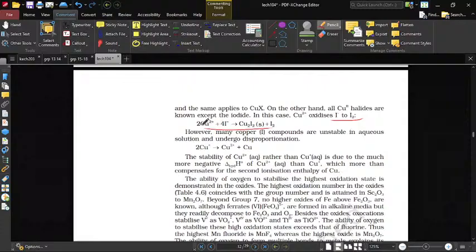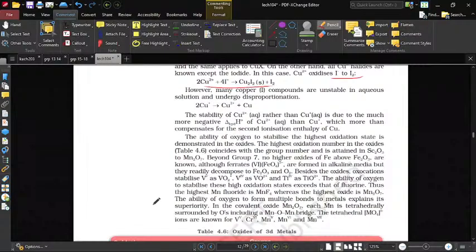However, many copper compounds are unstable in aqueous solution and undergo disproportionation: Cu plus goes to Cu2 plus and Cu zero. The stability of Cu2 plus rather than Cu plus is due to the much more negative delta H hydration of Cu2 plus aqueous than Cu plus, which more than compensates for the second ionization enthalpy of copper.